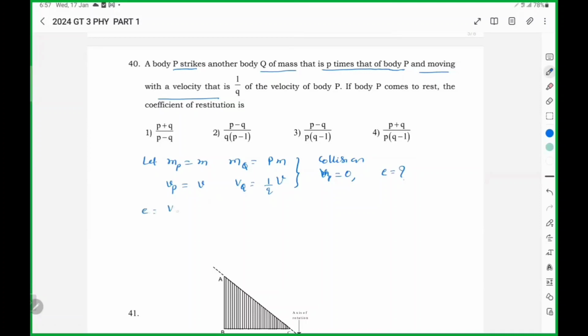Coefficient of restitution is velocity of separation by velocity of approach. So the final velocity of the second body, I don't know. The final velocity of the first body is 0. Here it is V minus V by Q. To find the final velocity of the first body, momentum is conserved.